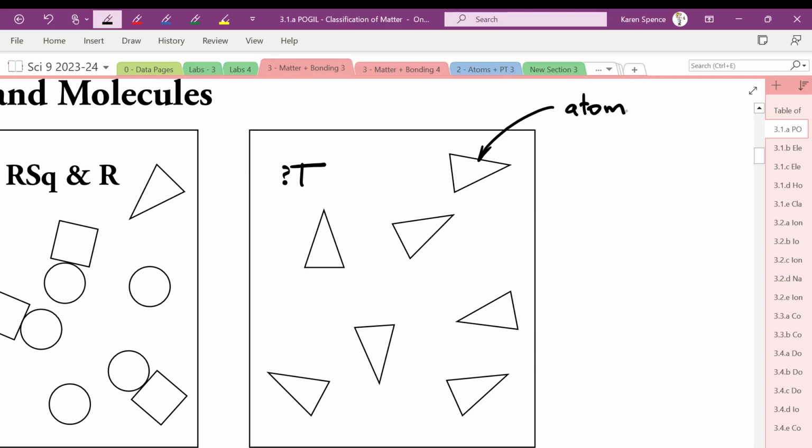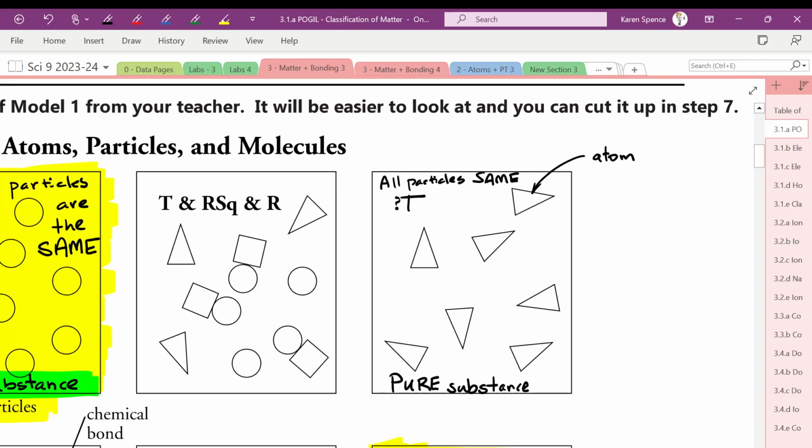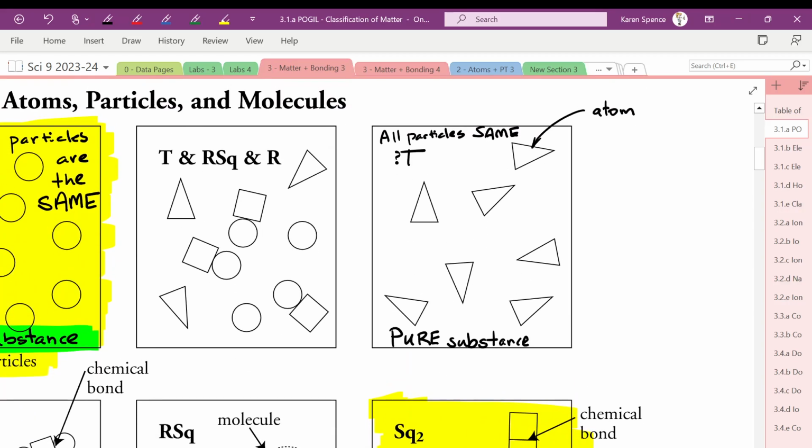And all the particles are the same. And because all the particles are the same, this is a pure substance. Are there any pure substances in the second row?